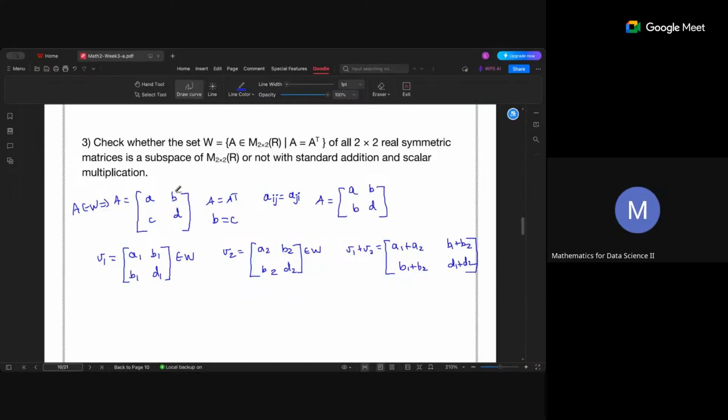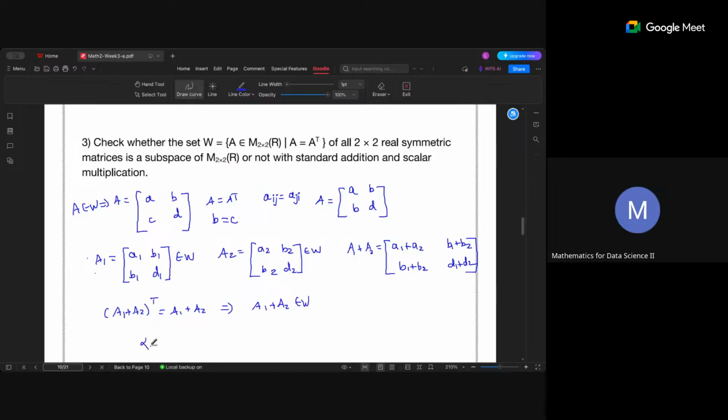For easier understanding as matrices, let me rename them as A1, A2, and A1 plus A2. Now you can clearly see that A1 plus A2 whole transpose is the same as A1 plus A2. So this means that A1 plus A2 belongs to W.